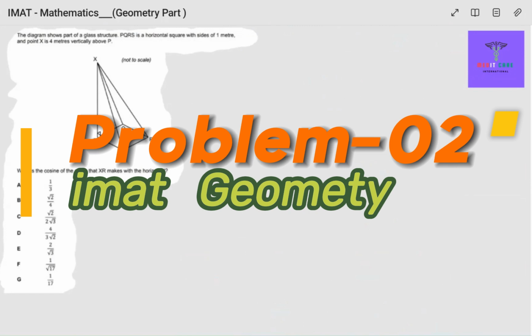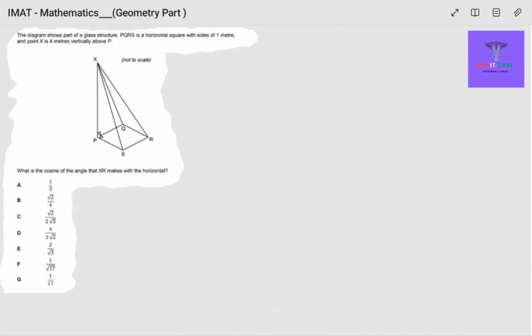Okay, read the question carefully. First of all, there is already a diagram given which shows part of a glass structure PQRS, a horizontal square with side of 1 meter, and point X is 4 meter vertically above P. What is the cosine of the angle that XR makes with the horizontal?